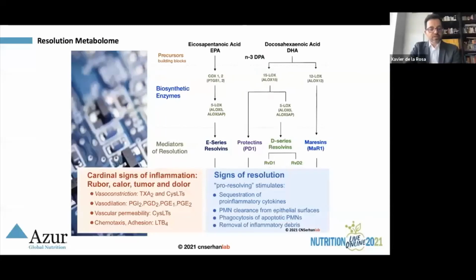I want to finish with these slides, and I hope I convinced you that this superfamily of lipid mediators are the circuits that drive resolution of inflammation, that SPMs evoke the signs of resolution and they counteract the cardinal signs of inflammation.